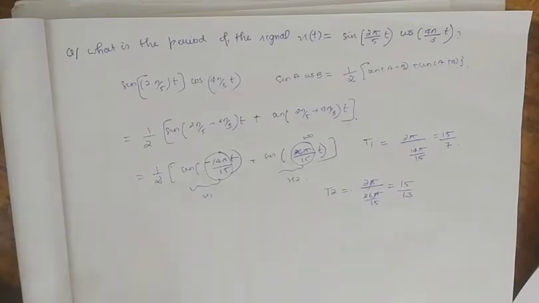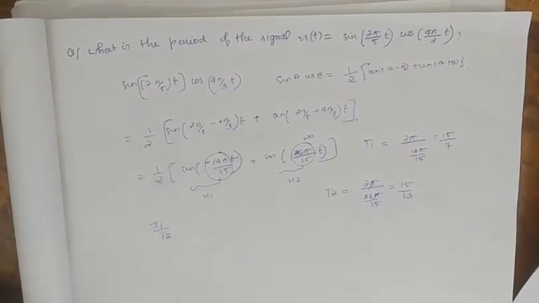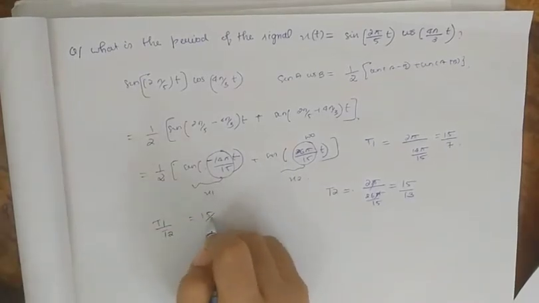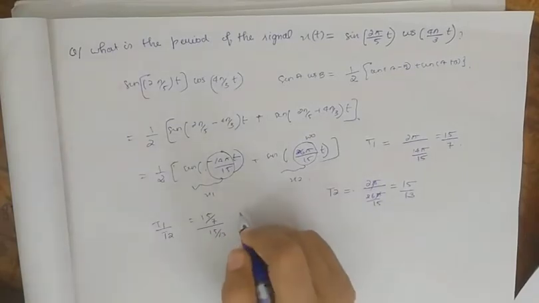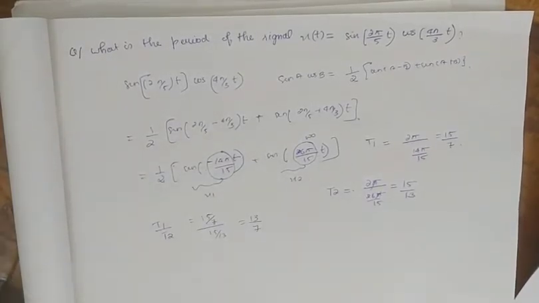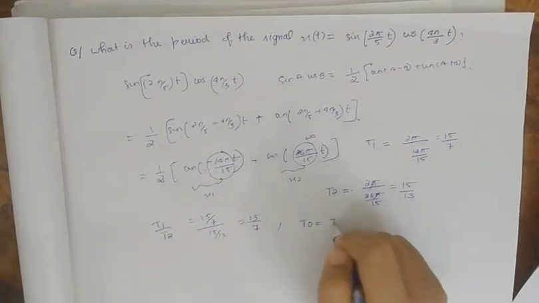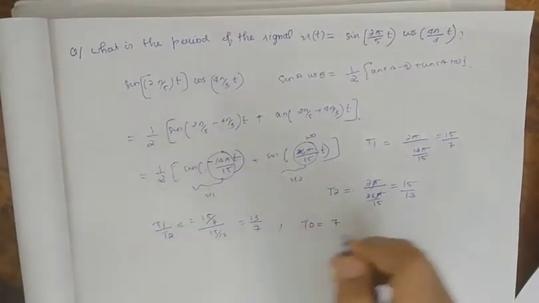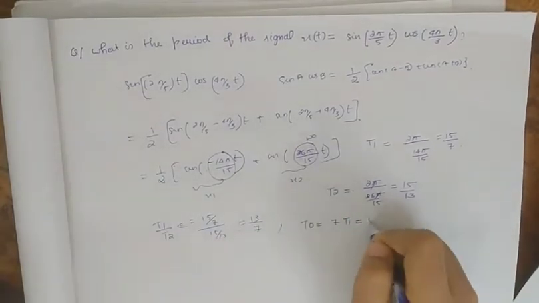And now we'll have to find out if the signal is periodic or not. For that we'll divide T1 by T2. We'll get 15 divided by 7 divided by 15 divided by 13. We'll get 13 divided by 7, which is rational, so it is periodic. And to find out the time period, T0 is equal to, cross multiplying, 7 T1, or it is 13 T2.